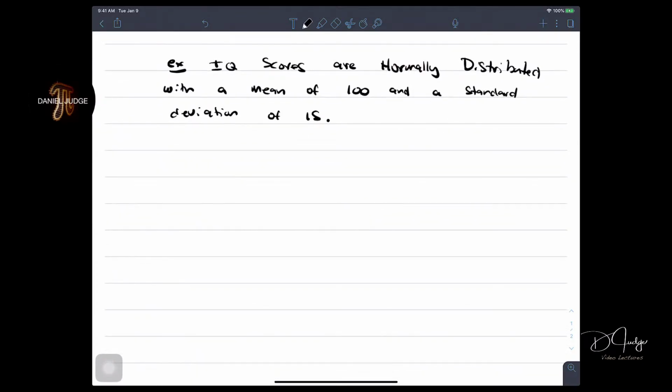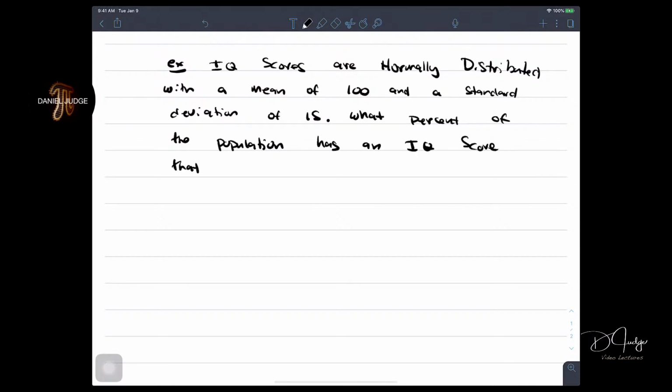Now notice what I'm going to say. Question 1: What percent of the population has an IQ score that is between 90 and 125?